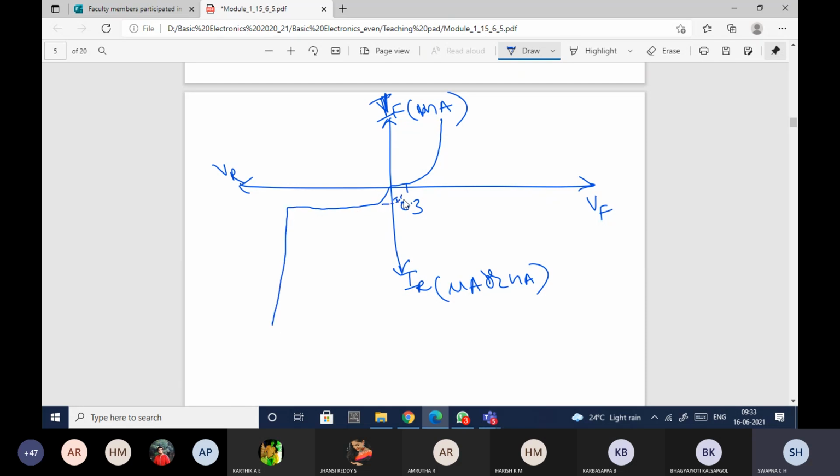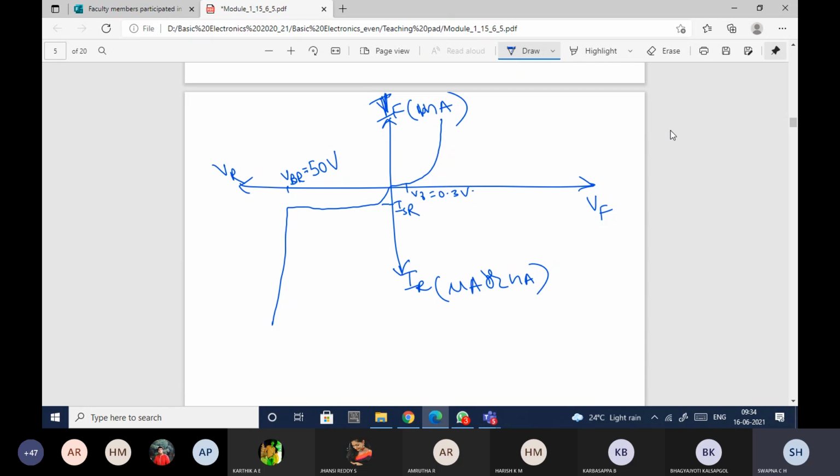This is ISR, the reverse saturation current. V gamma will be equal to 0.3 volts. And this is again your breakdown voltage VBR. Generally, this breakdown voltage for a germanium diode will be 50 volts. So this is what you need to mention in your exam.